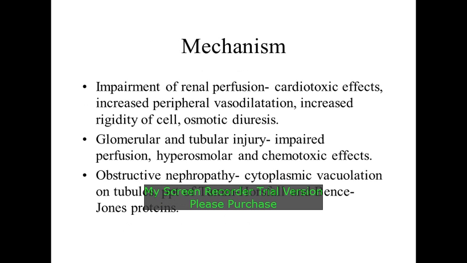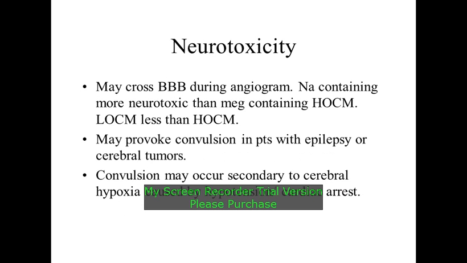Mechanism: impairment of renal perfusion, then the cardiotoxic effects, then increased peripheral vasodilatation, increased rigidity of cells, and osmotic diuresis. Glomerular and tubular injury causes impaired perfusion, then hyperosmolar and the chemotoxic effects. Obstructive nephropathy causes cytoplasmic vacuolation on tubules and precipitation of Tamm-Horsfall and Bence Jones proteins.